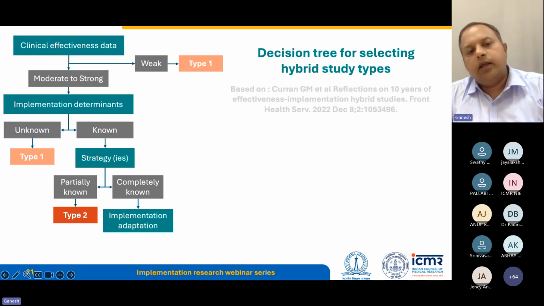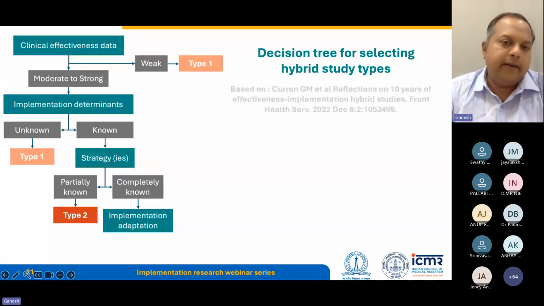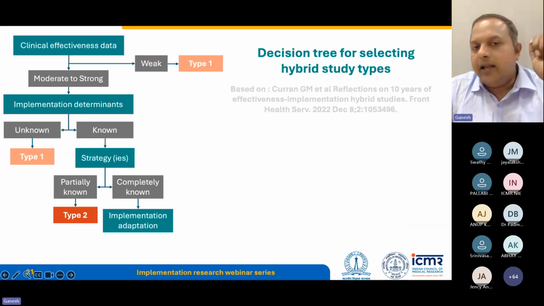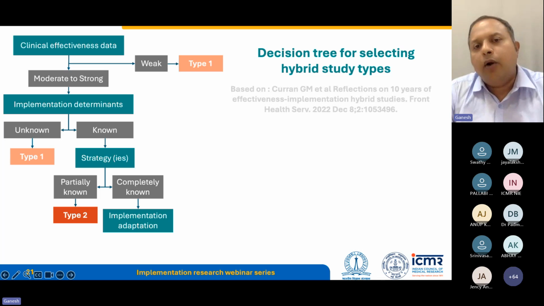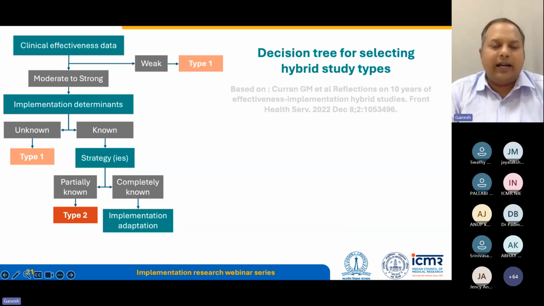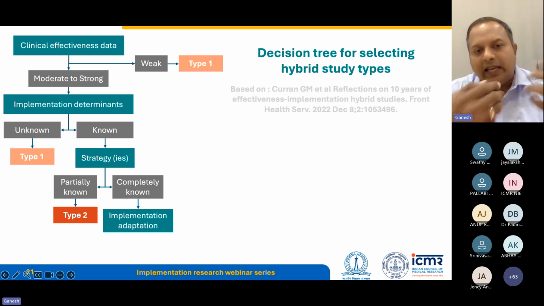then we need to go to the fourth step, which is implementation adaptation. There is already evidence that doorstep delivery of drugs improves medication adherence, and that actually improves the control of blood pressure. But do you have enough evidence or contextual understanding of whether we could introduce doorstep delivery of drugs in our setting?